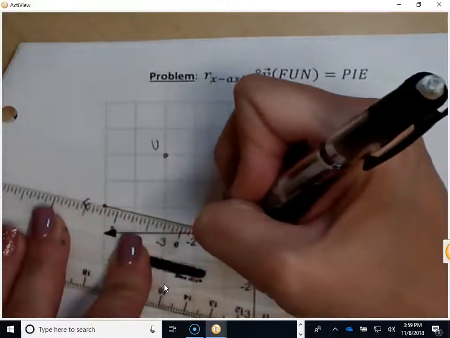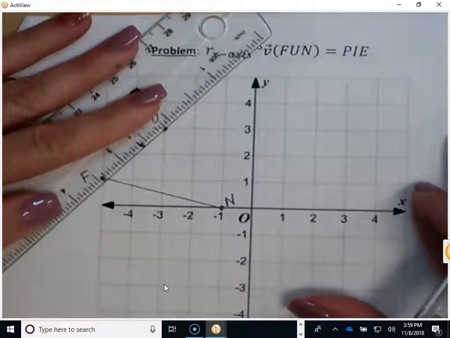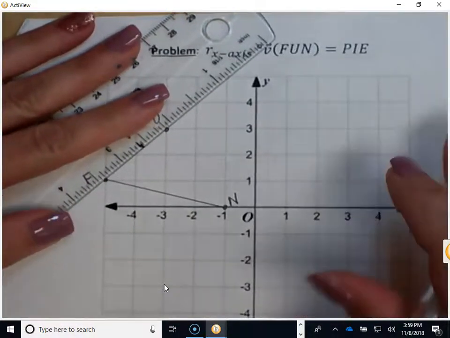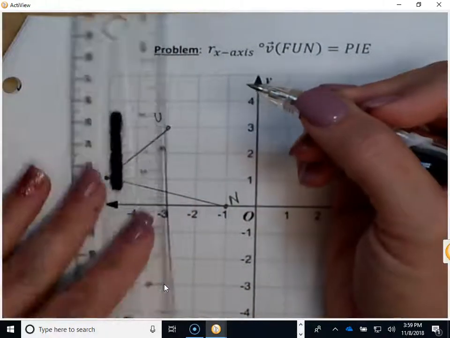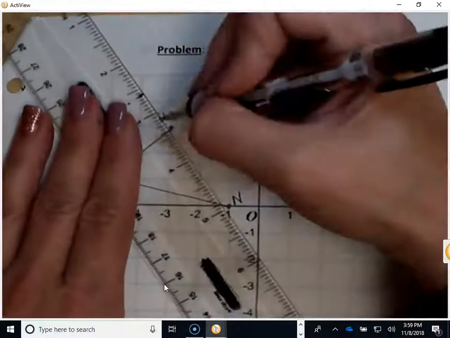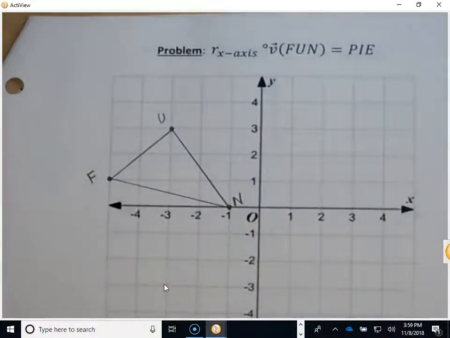And this is going to be your pre-image, which I usually have on there for you already, but on the computer it would not let me do it. So instead of drawing these in prior to making my copies, it is what it is. We're going to draw our own. So there is my pre-image. F at negative 5, positive 1, U at negative 3, positive 3, and N at negative 1, 0.